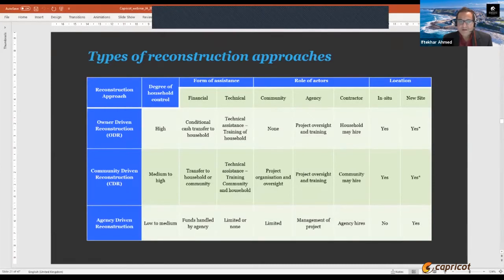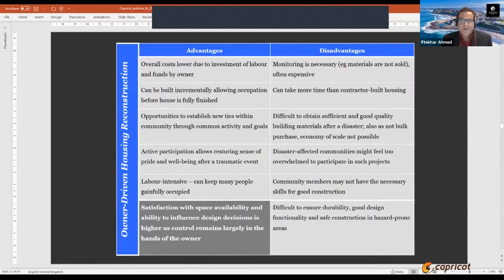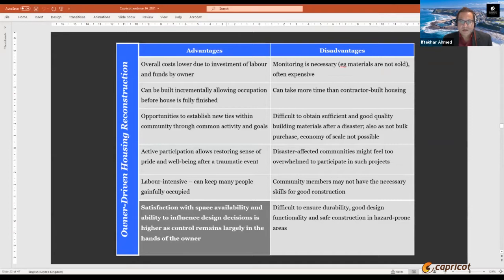If you look at the owner-driven approach, where people are given support and they just build by themselves, there are many advantages, particularly because they're happy with the kind of space they have and the design decisions they've taken, because it's in their control. And the disadvantages: it is hard to monitor, things can get sold off, and they may not have the right capacity and skills, so it's balanced.